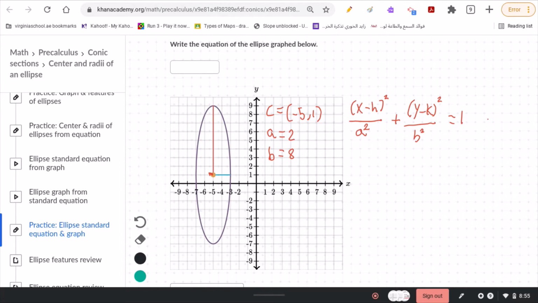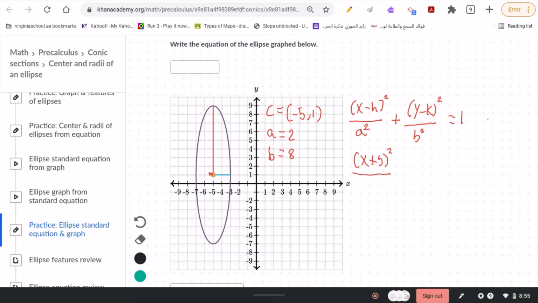So now we start to plot it. We write x as it is. Now negative h, and h is -5, so we swap the sign before it, which will be positive, squared.